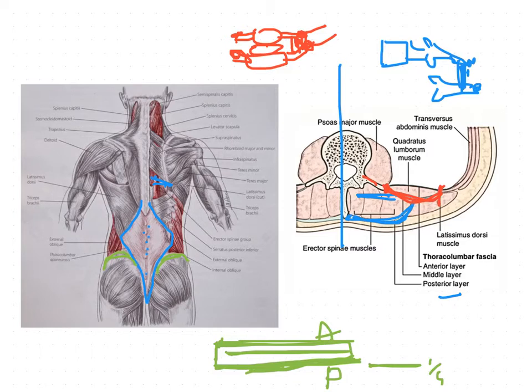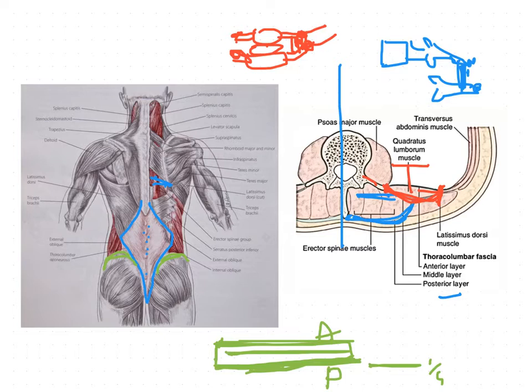This part blends with the anterior layer of thoracolumbar fascia, and the quadratus lumborum. This is the muscle; the anterior layer covers the quadratus lumborum. So on the lateral aspect it blends with the quadratus lumborum muscle. Here you can see the quadratus lumborum muscle, as well as the anterior layer.